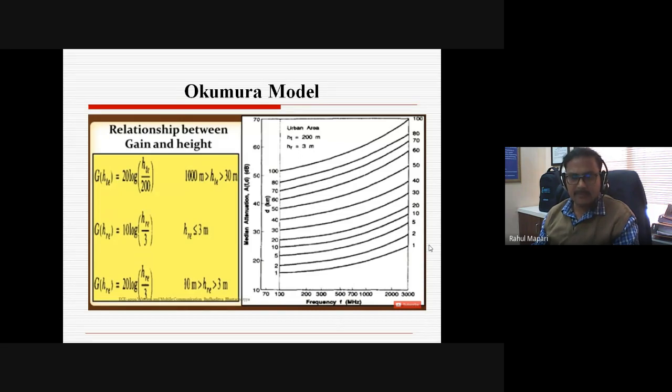Okay, finished? Can we move? Is this concept clear? How the Okumura model helps to find out the path loss?